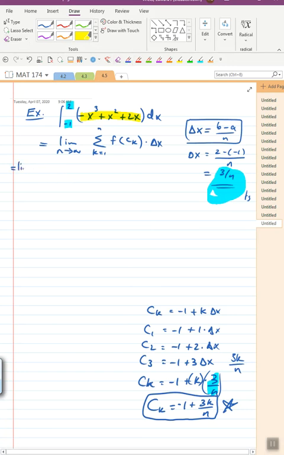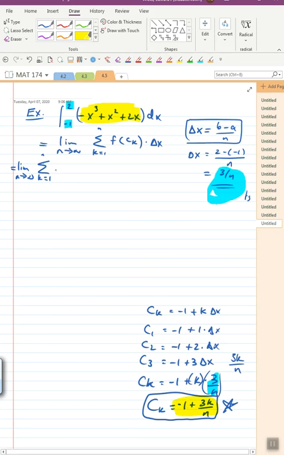It'd be the limit as n goes to infinity, summation k equals 1 to n. F of ck means what? It means taking this function, which is f, and plugging this value in for x.